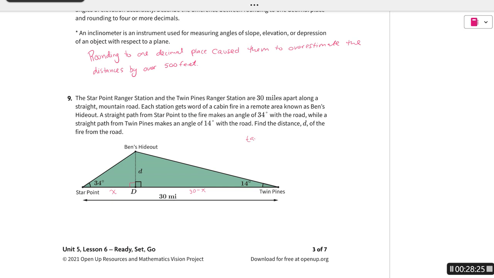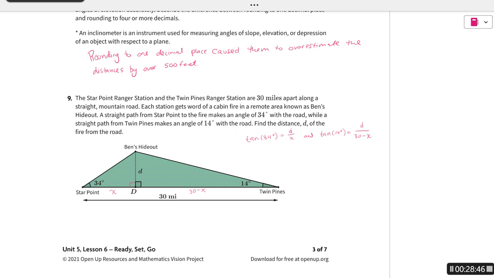And we could say tan of 34 degrees equals d over x, and tan of 14 degrees equals d over 30 minus x.